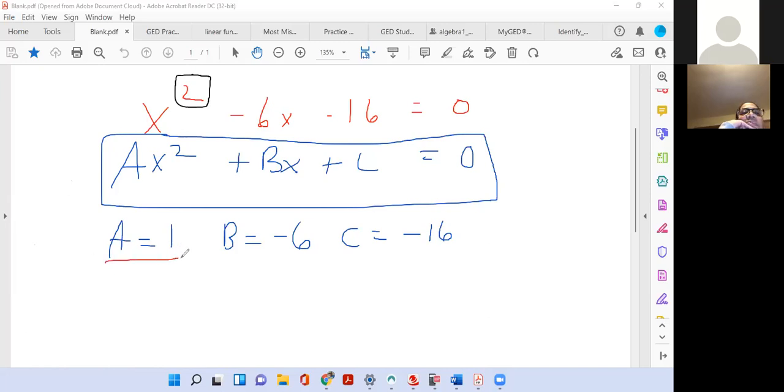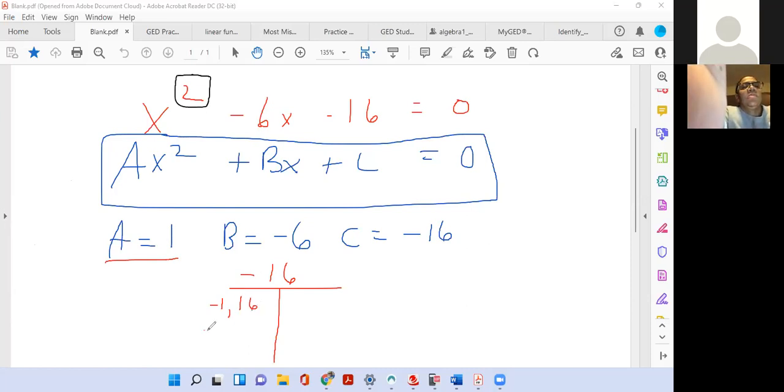So what I want you to do is, if you see A is equal to 1, I want you to try to factor C. What are the factor pairs? What are 2 numbers that I can multiply together to get 16? Let's go with 1 first: 1 times 16.